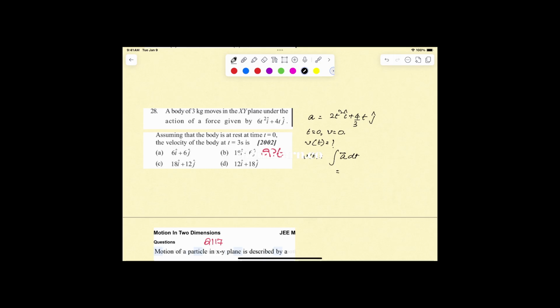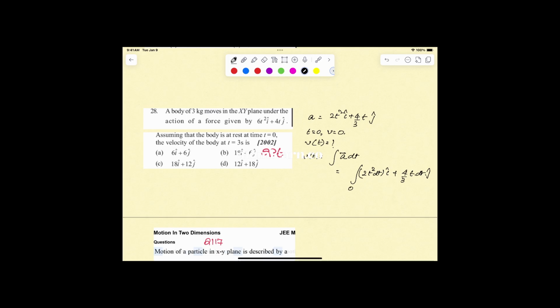How do we do it? Integral of 2t squared dt in i cap plus how much? 4 by 3 t dt in the j cap. Integration from time t equal to 0 till t equal to what we want?